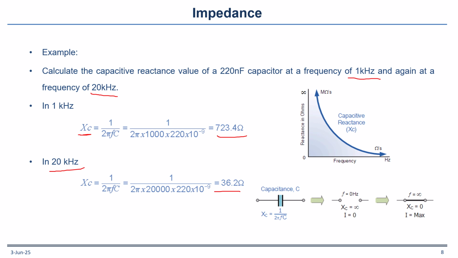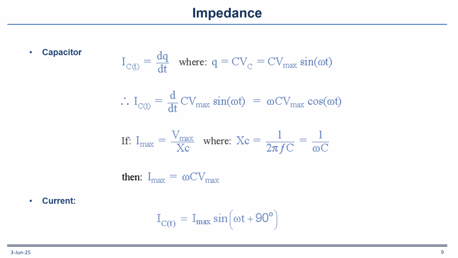So when the frequency is 0, the capacitor is acting like an open circuit. When the frequency is very high, the capacitor acts like a short circuit. So this is the reactance that we have.